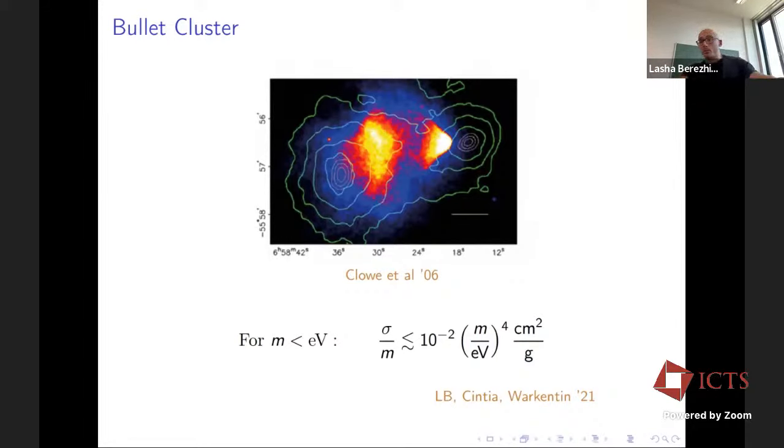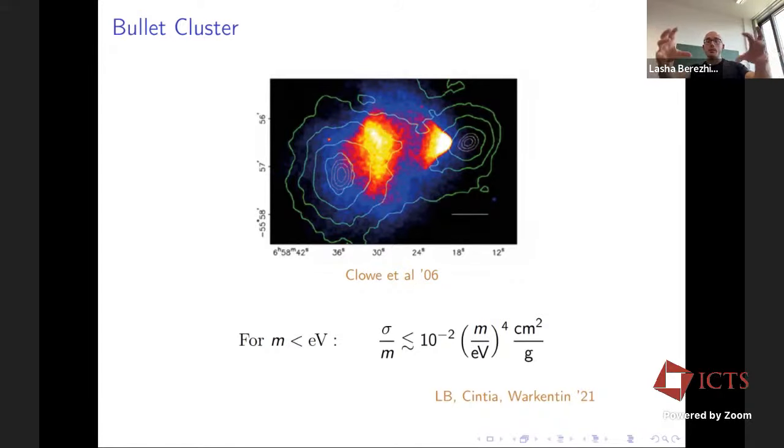And we usually just quote that sigma over m has to be less than 1 centimeter squared per gram. However, since for us, in the sub-electron volt mass range, and especially because for thermalization we had to strongly rely on this bosonic enhancement, which is a huge factor, it needs to be introduced here too. Because all the velocities are of the same order, the virial velocities.